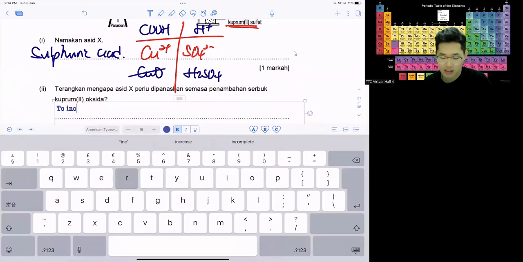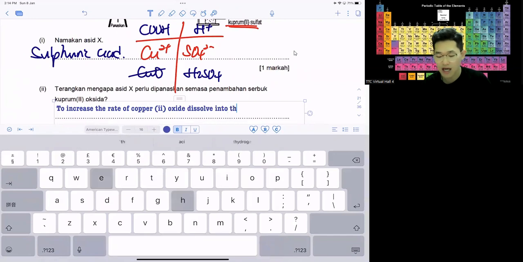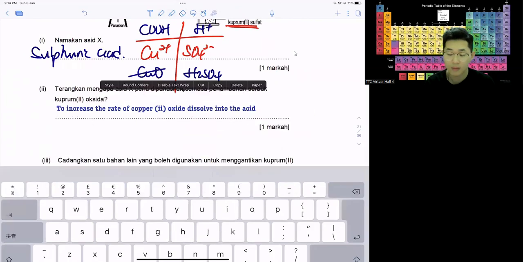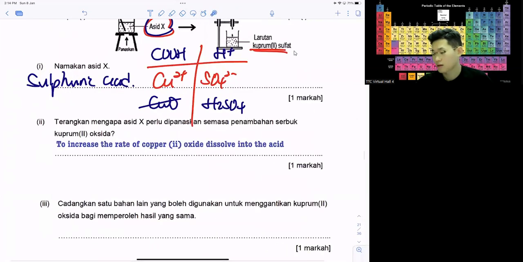To increase the rate of copper 2 oxide dissolving into the acid.